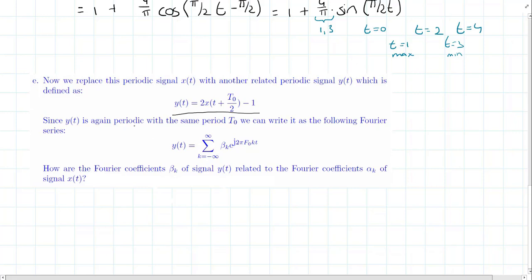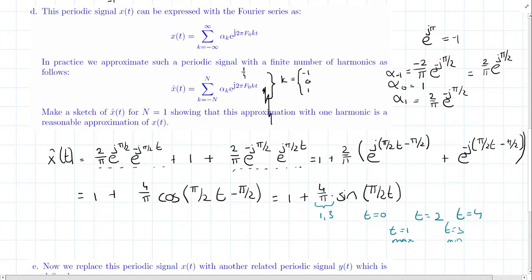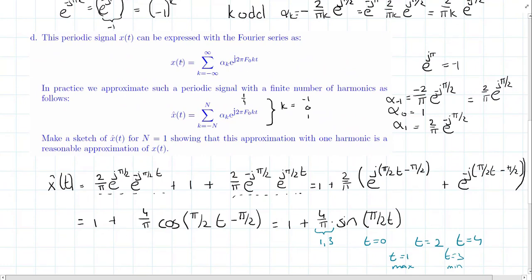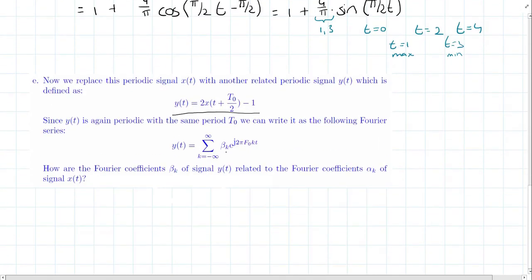Since y of t is again periodic with the same period t0, we can write it as the following Fourier series, which is given below, which is almost the same as we had right here. However, we now have a beta k instead of an alpha k. How are the Fourier series coefficients beta k of signal y of t related to the Fourier coefficients alpha k of the signal x of t?